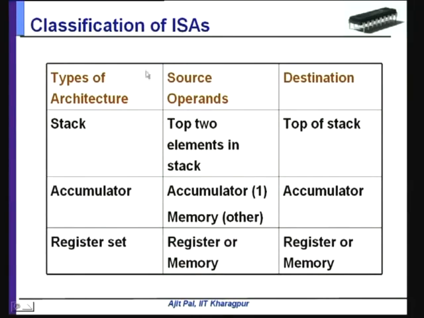As I have already told, you can do the classification in three ways. Stack based, where the operands are taken from the top two elements in the stack, and the destination is also the top of the stack. Everything is done with the help of the stack. In accumulator based processors, one of the operands is from the accumulator, another operand is from the memory, and the result is stored in the accumulator.